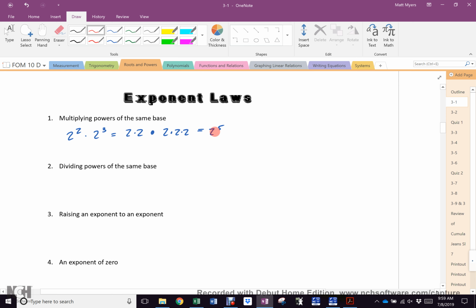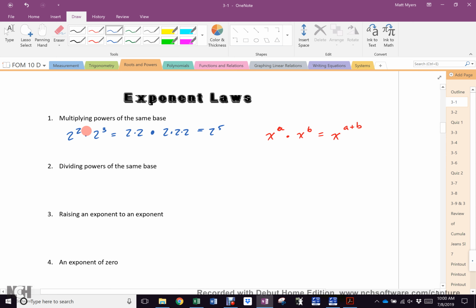Hopefully your 9th grade teacher said, yeah, but in grade 10, we're not going to have numbers there. We're going to have letters there. And hopefully your grade 9 teacher taught you this. X to the A times X to the B, same base. The answer is X to the A plus B. What does that mean?